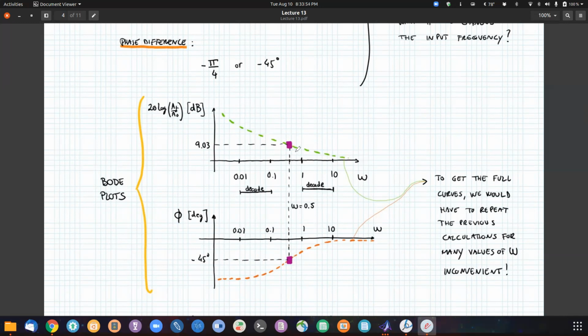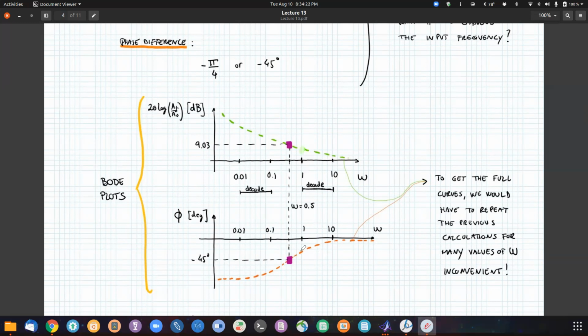And so we would have to repeat the same process by changing the input frequency. Let's say we take 1 radian per second, and then we would have to compute the output, find the amplitude, take the ratio between the final and initial amplitude, compute the 20 logarithm of such ratio, and then find another value to plot.